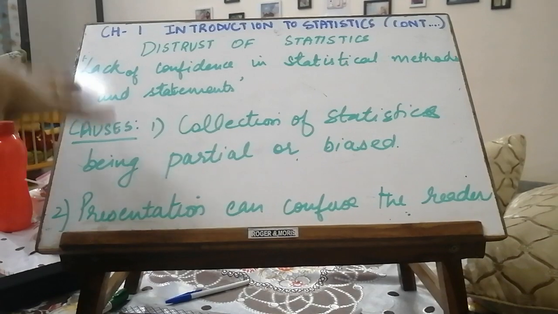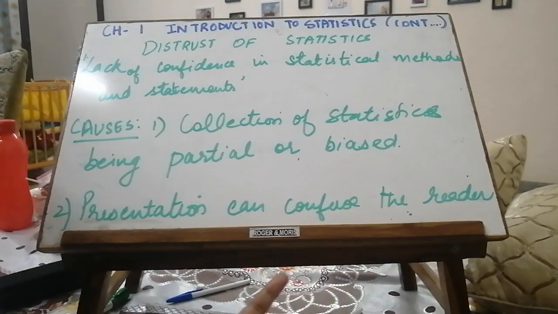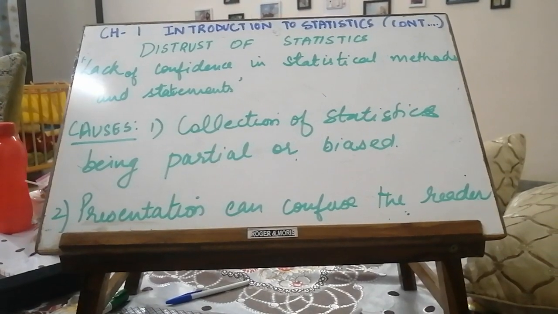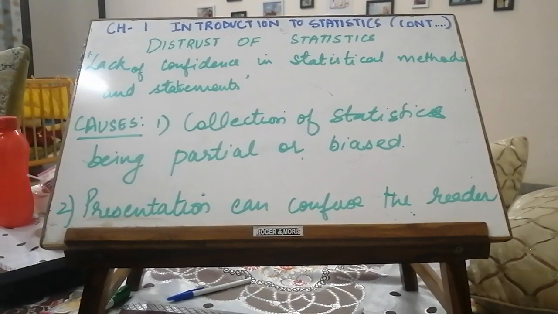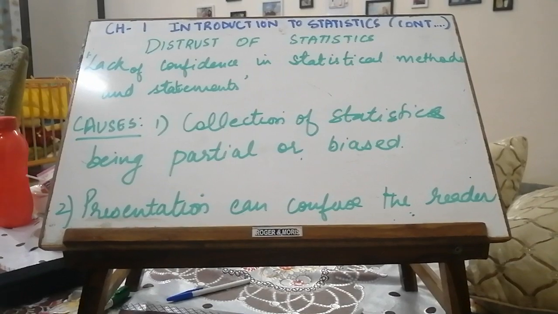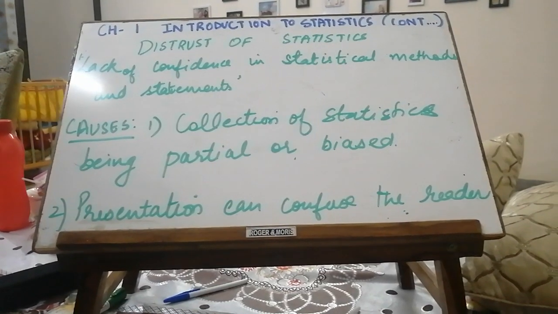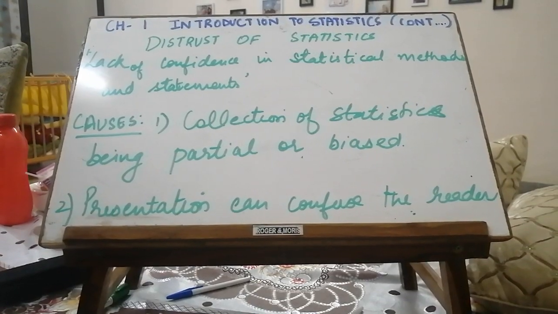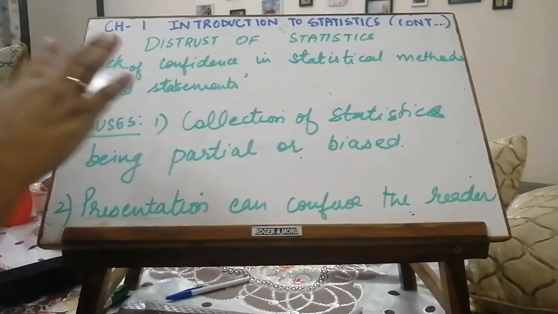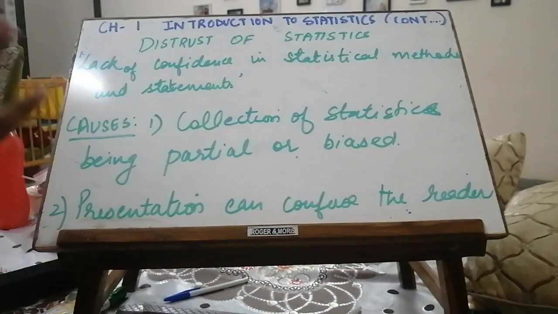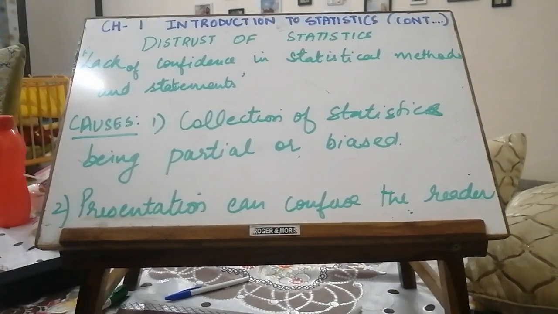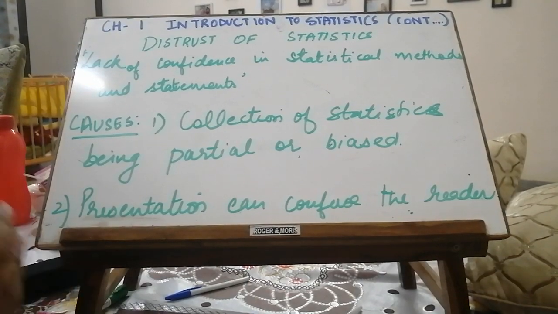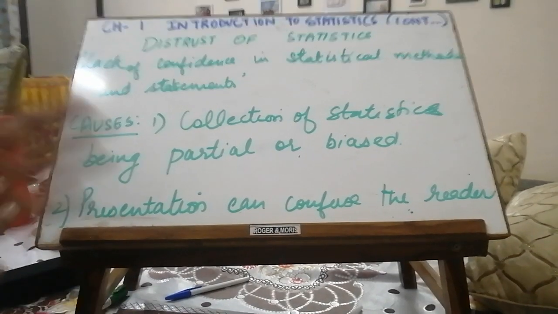If the reality is A, they have tried to present it as B, because they are so expert in their methodology that they can interpret the data in multiple ways. So that's why people start losing trust in statistics. It is basically a lack of confidence in statistical methods and statements, which arises when experts misuse the tools.